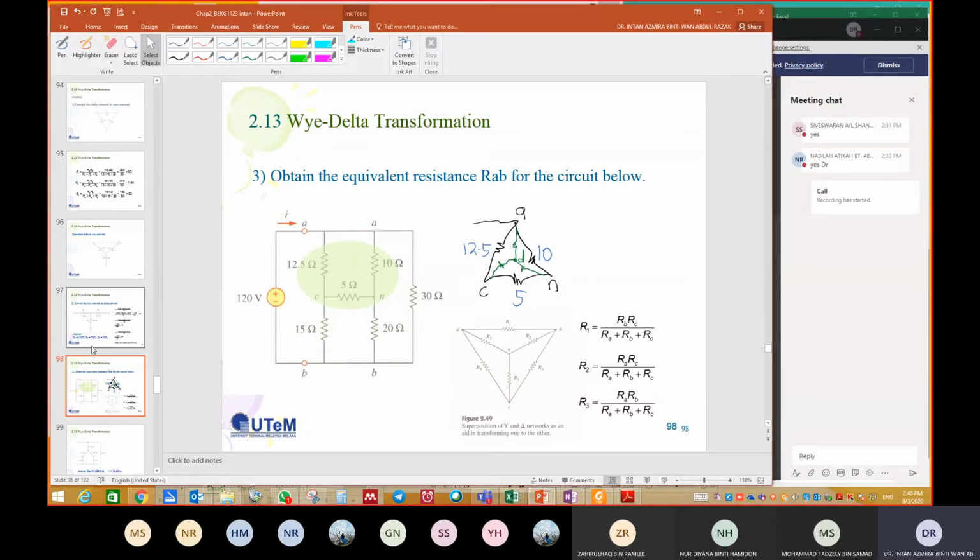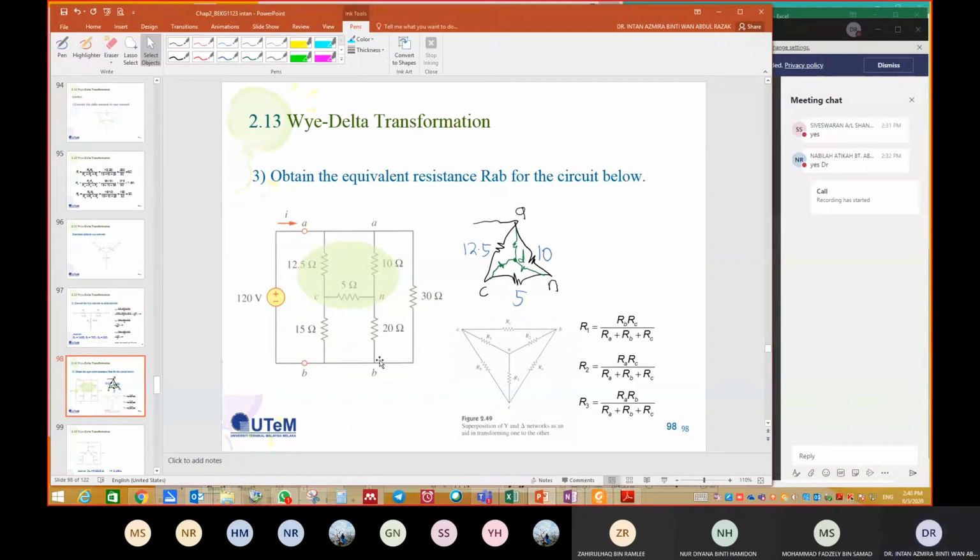Usually we start with the right side of the circuit. This is the power supply. How to simplify? At this side, we cannot simplify without converting to Y-delta or delta-Y, because 10 and 20 are not connected in series. 10 and 30 are not in parallel. 20 and 30 are not in parallel.